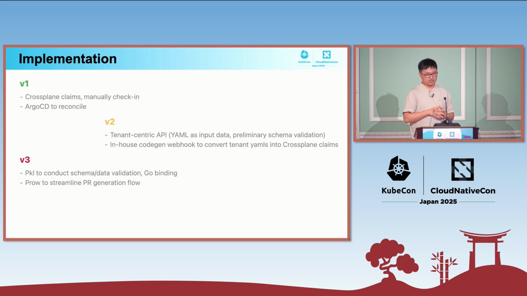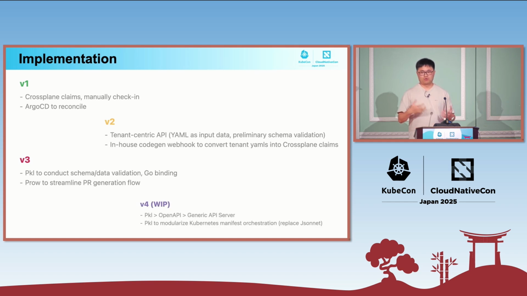In the V3 version, we introduced Pkl to conduct more strict schema and data validation, and we did better Golang integration with Pkl data. We also introduced Prow to streamline the PR generation. As of now, in progress, we are working on leveraging Pkl and OpenAPI to provision this generic platform API server so that we can chain all the missing pieces end to end.